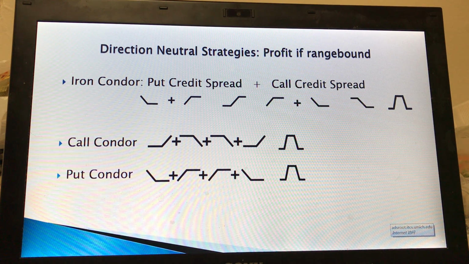You would want to use this iron condor when you expect that the stock is bounded to a range, or especially in the case that the stock will make a smaller movement than the option premium shows. The option premium shows people's expectation of the amplitude to which the stock will move.